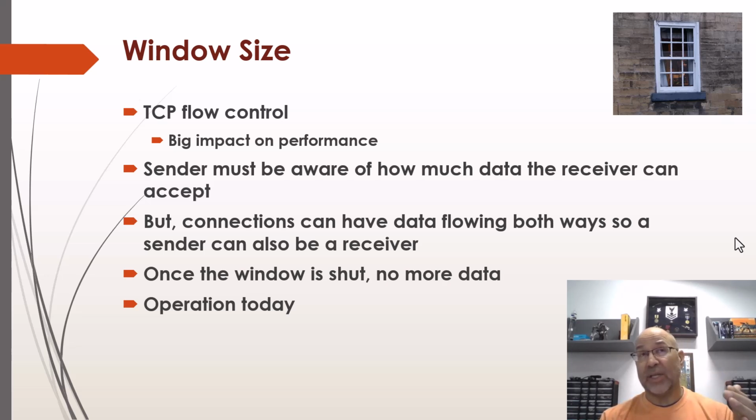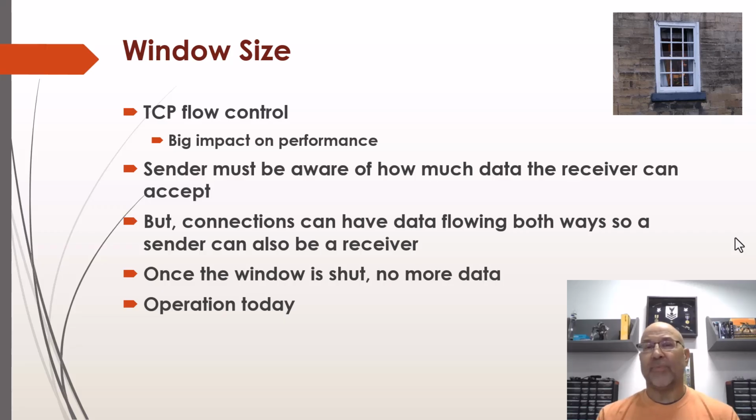And it goes, okay, I just sent the client 1,000 bytes. And if the client's window size was 10,000, the server now knows that the client can only handle 9,000 bytes more. If I send several more packets, then the window is decremented by however much data I've sent.